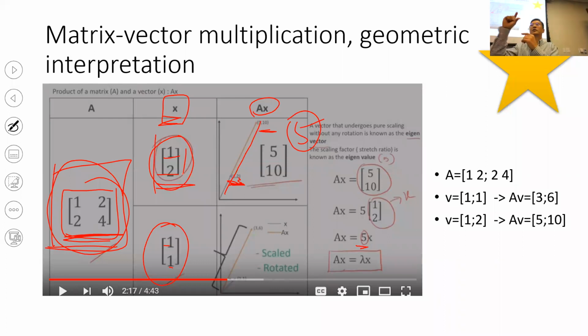Eigenvector is a data point. And the 5 is the eigenvalue. So you have a 1, 2 data point, the eigenvector, and its corresponding eigenvalue 5. This pair of eigen describes what the behavior of matrix A is.